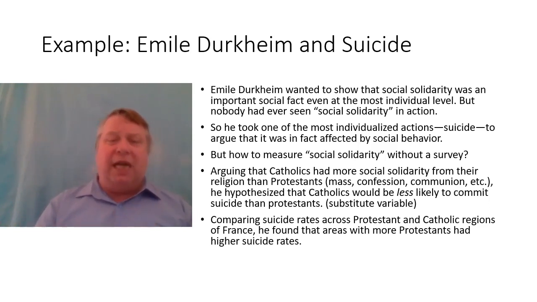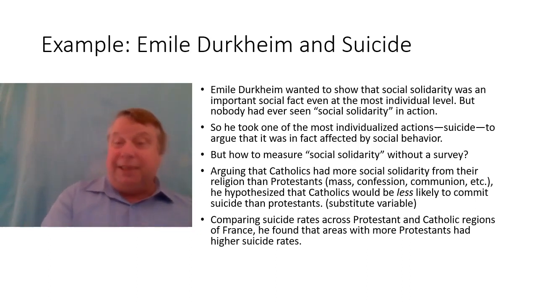So he hypothesized that Catholics would have more social solidarity and thus be less likely to commit suicide than Protestants. So he's using a substitute, something that substitutes for the variable he's interested in, but that he believes is related to the core variable. So he's using religion as a substitute for social solidarity because he believes it is related.